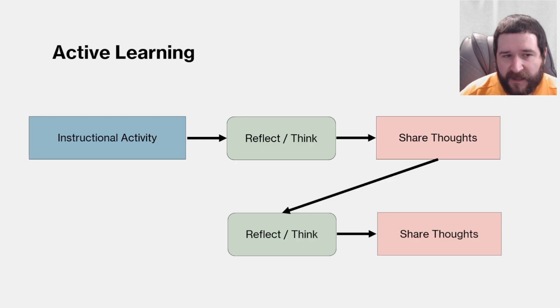Okay? So you can see this is like our discussion posts week to week follow this format. Right? There's an activity, a post for you guys to reflect and think about. You share your thoughts. Other students read those thoughts, they reflect and think, and they reply to the post, right? So this is active learning.